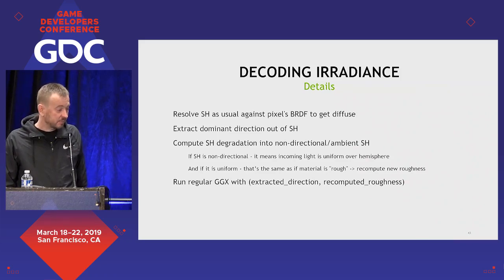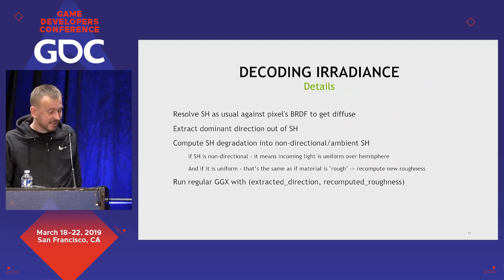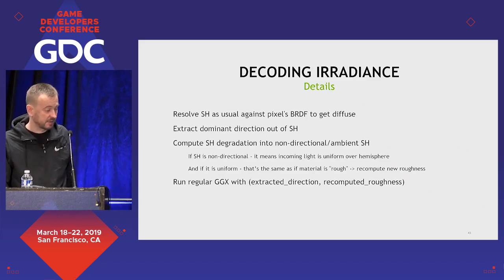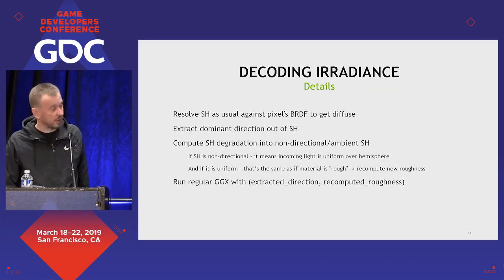And if it's mostly ambient, it basically means that light is arriving at this pixel uniformly over the hemisphere. That's visually the same as if the material is rough. So we recompute a new roughness and then run regular GGX with the extracted direction and new roughness.